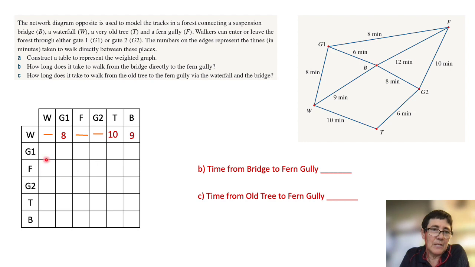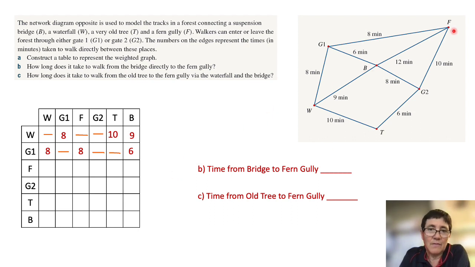Okay, so I'm going to quickly go through from gate 1 to the waterfall, 8. Gate 1 to gate 1 doesn't exist. Gate 1 to the ferns, 8 minutes. Gate 1 to gate 2, you cannot get there. Gate 1 to the tree, you cannot get there. And gate 1 to B, the bridge, is 6. Okay, so I'm just putting the numbers into the right place in the table.